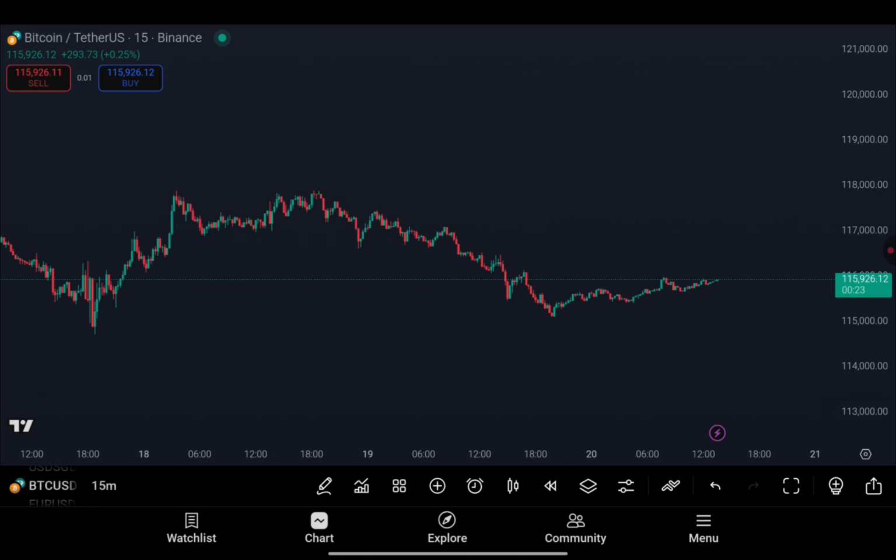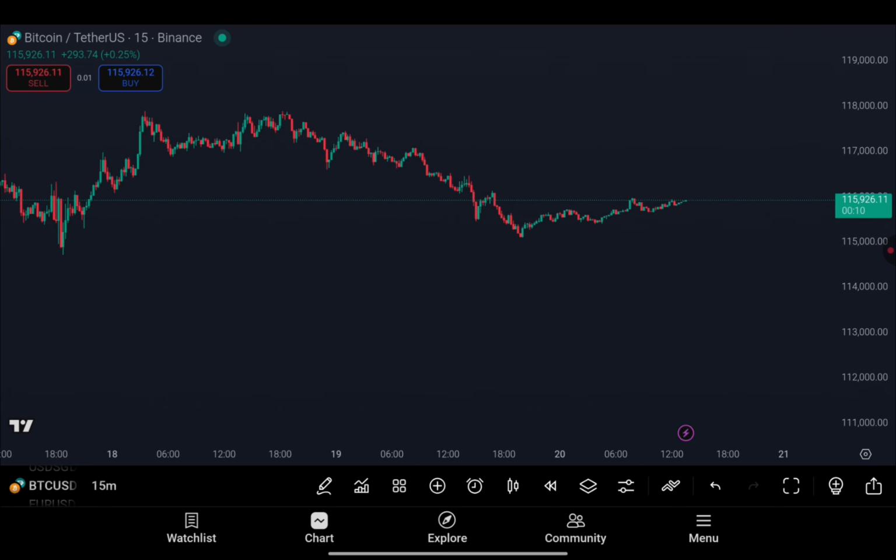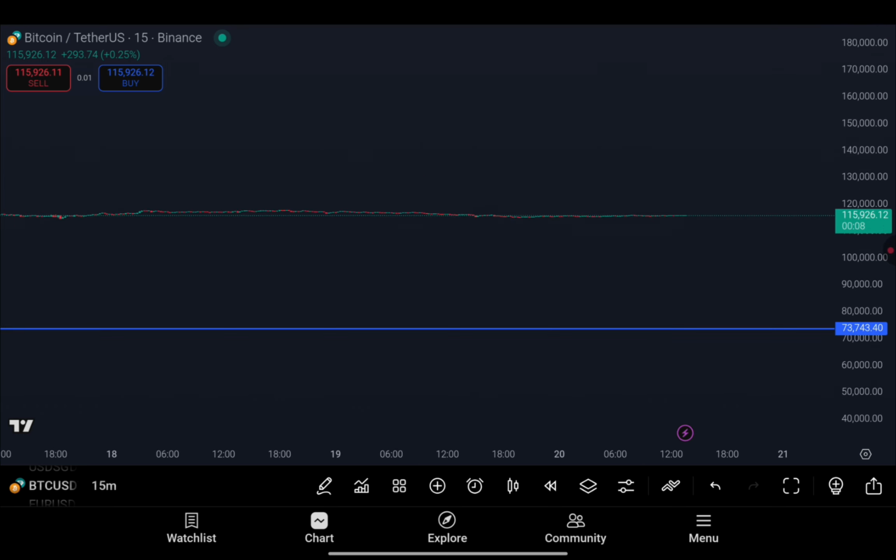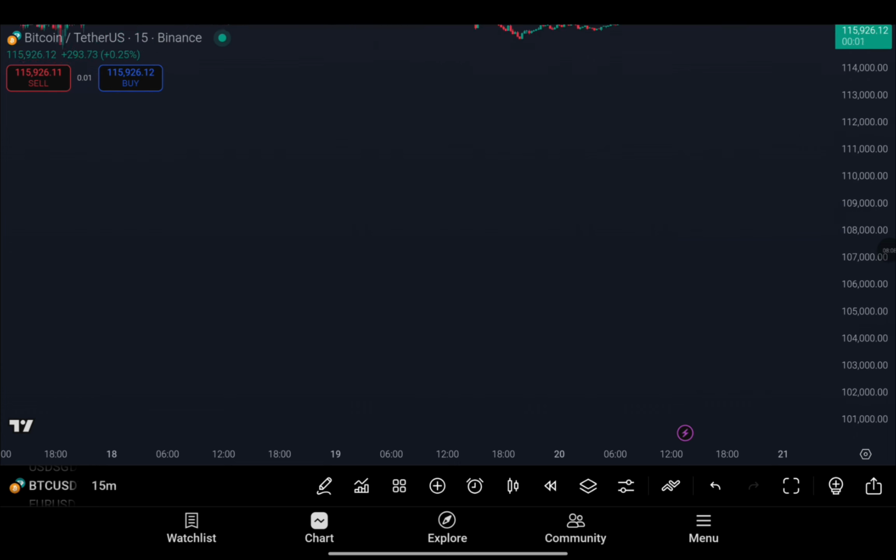Okay, so this particular market setup right now, as you're looking at it, the best setup for you to go along with is the downtrend. Now, mind you, I'm not saying enter the downtrend and take your profits here. Nope. That's going to be a very big mistake, right? Don't do that, okay?